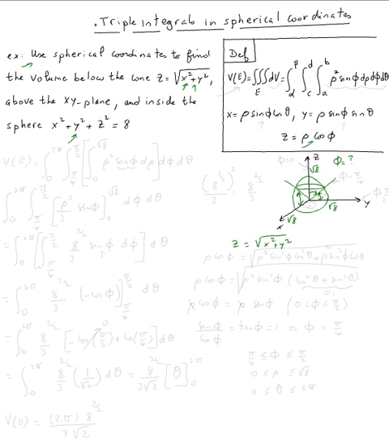Now I know my z is rho cosine phi, and I know my x is rho sine phi cosine theta, but I'm going to square it. And I know my y is rho sine phi sine theta, squared also.